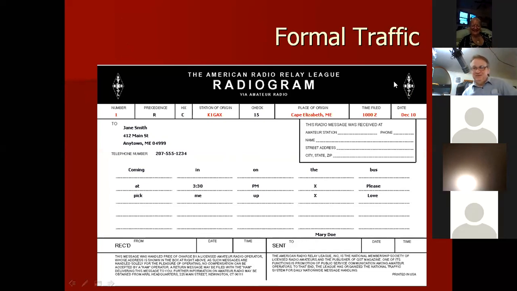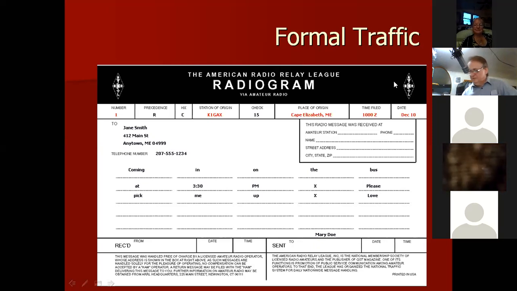Hey, Terry, Bob, K380. Yeah, go ahead. Quick question. Is it possible to get a copy of these in a PDF format that we can make our own to practice with? Yeah. If you go to the ARRL website and Google for the radiogram, you can find them there.